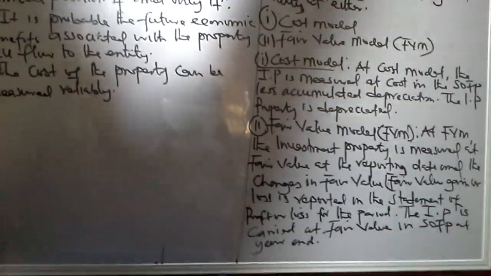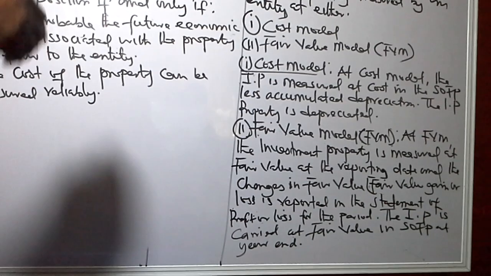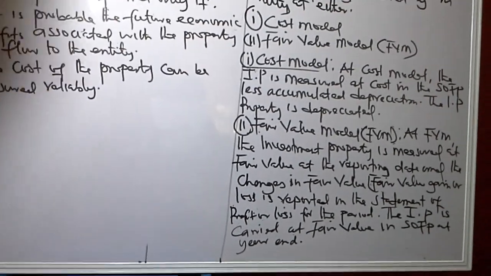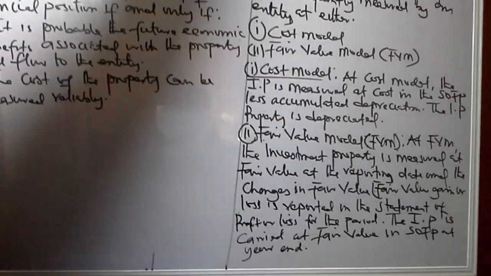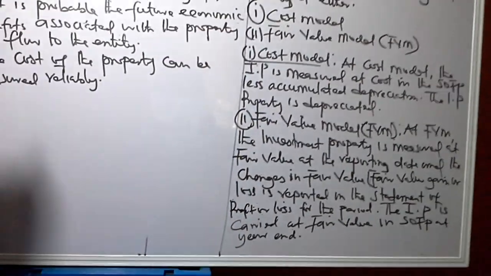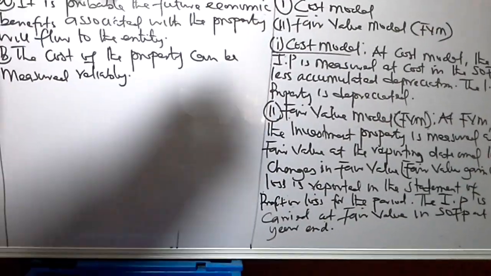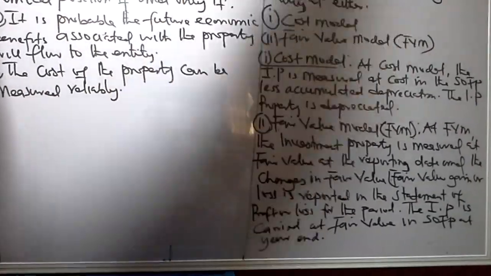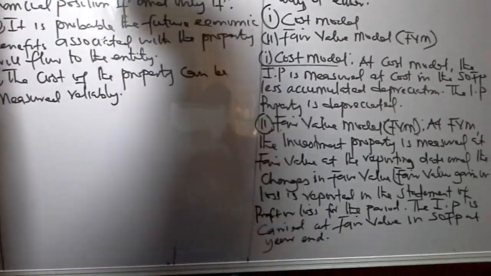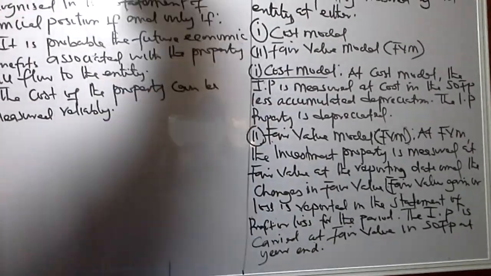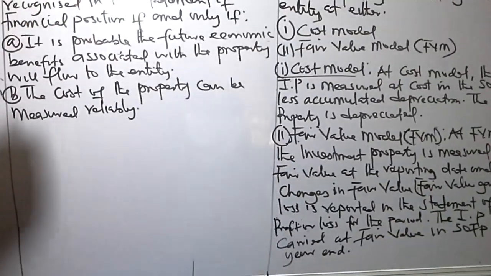Now, when your organization chooses to measure its investment property at fair value model, what are we saying? That investment property will be carried at the end of the year at the fair value. It will be carried at the recent market price of that property based on location.